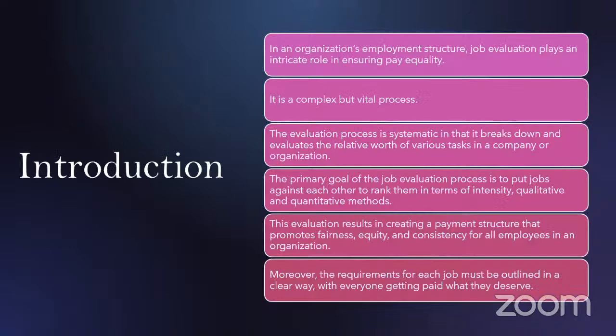By introduction, in an organization's employment structure, job evaluation plays an intricate role in ensuring pay equality. It is a complex but vital process. The evaluation process is systematic in that it breaks down and evaluates the relative worth of various tasks in a company or organization.